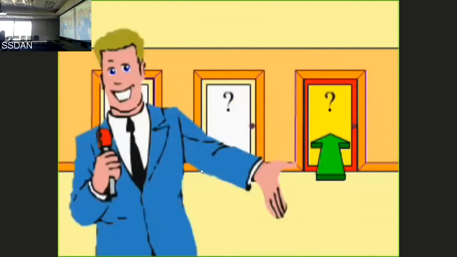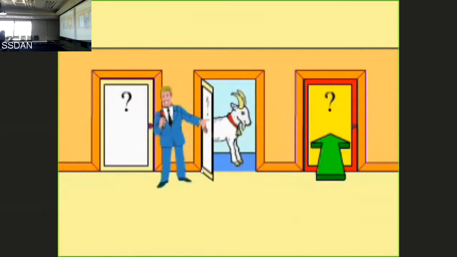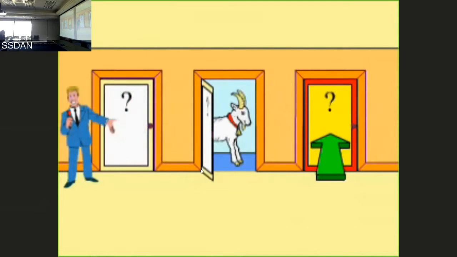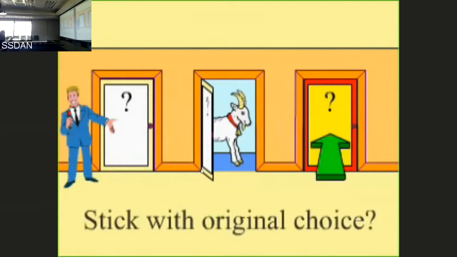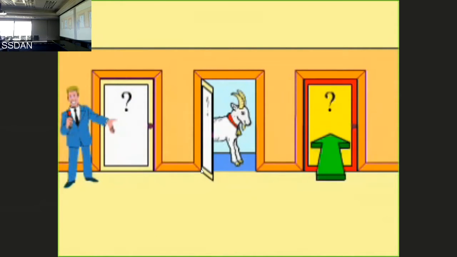The host knows where the car is, and always opens a door with a goat. Then the host asks whether you'd like to swap your chosen door for the other one. The question is, should you stick with your original choice? I'll give you 10 seconds to think about it.